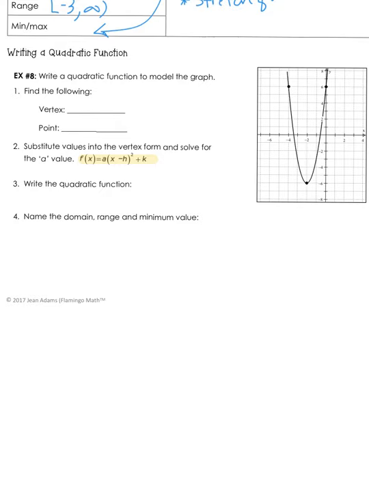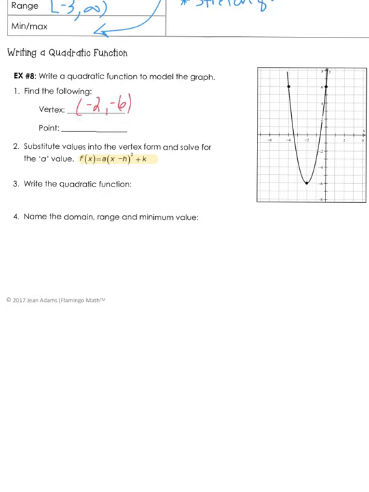So I can easily see on the graph, I can find where the vertex is, and then remember f of x is y, if I just have any x or y value that's on this graph, I can plug it in here, and that leaves me with only A as the missing part. So right here you can see that the vertex is -2, -6.